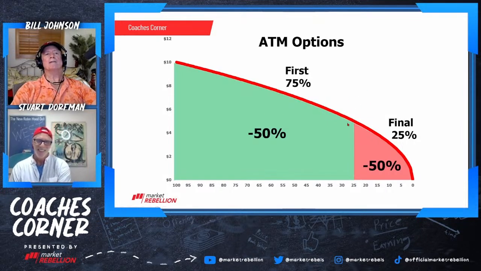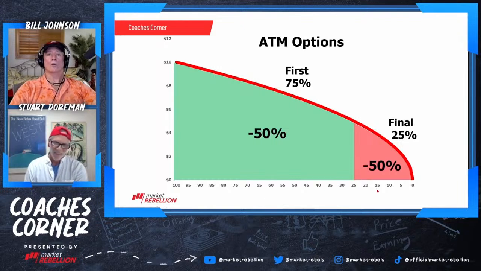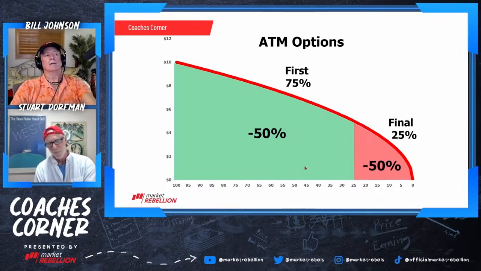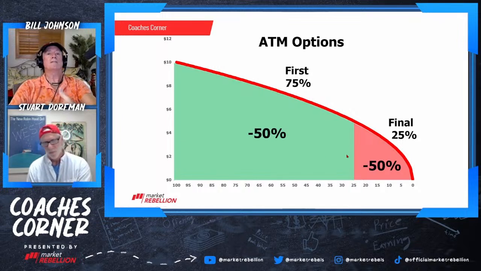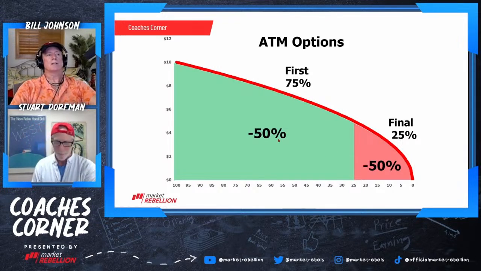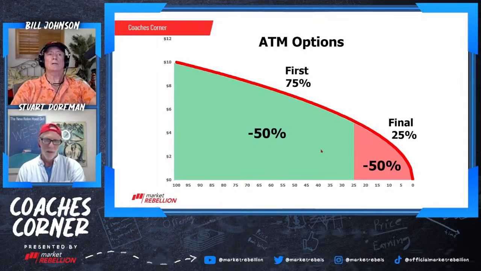So that's the main thing to see, is that for an at the money option, it pays to try to hold it as late as possible, right? We want to get into this window so that, if you've been holding it out here, maybe you worked really hard for the first 75% of the time to collect half of that premium, you're going to do exactly the same amount of work in a third of that time.